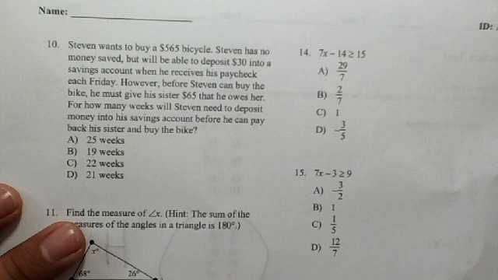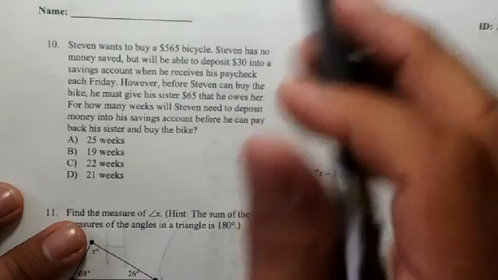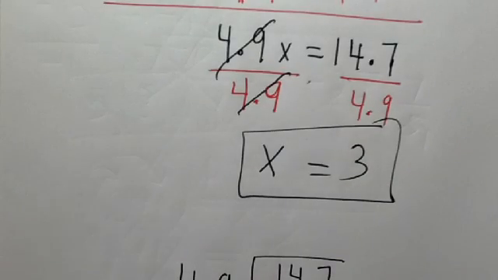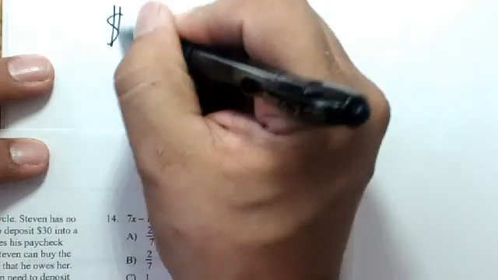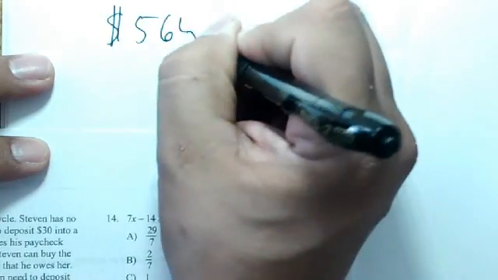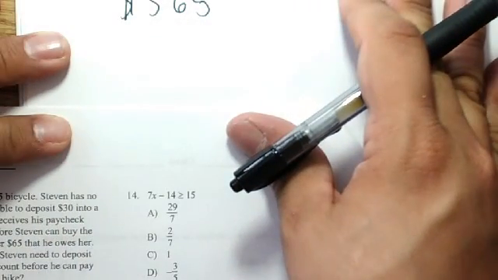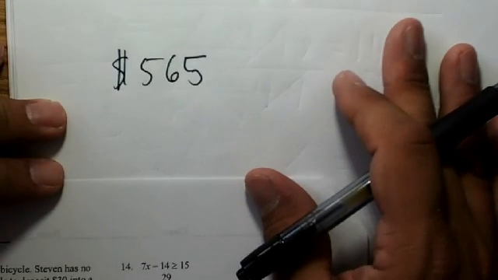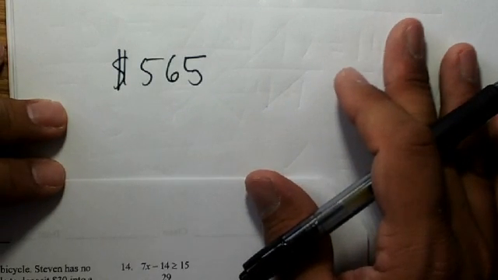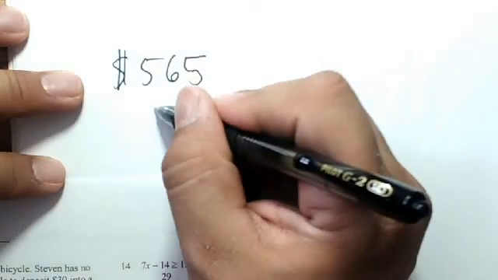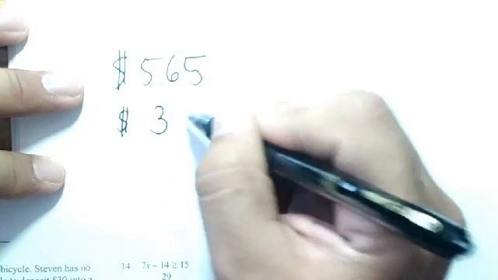Okay? So, let's read that question. We know that the bicycle costs $565, right? There's zero in his savings, so he wants to deposit $30 a week, that's the goal.